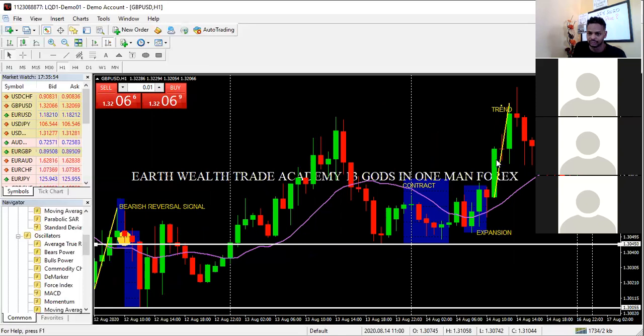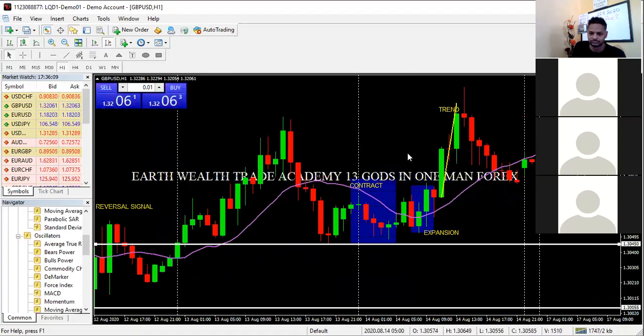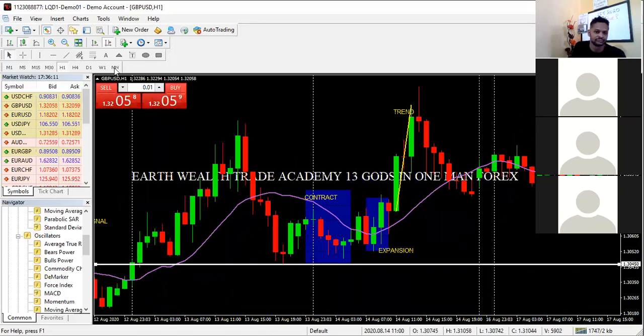All this right here going up. This little red candle right here, this little wick right here, you call that a retest. It didn't happen much, but it's just there. This little red candle right here is called a retest.